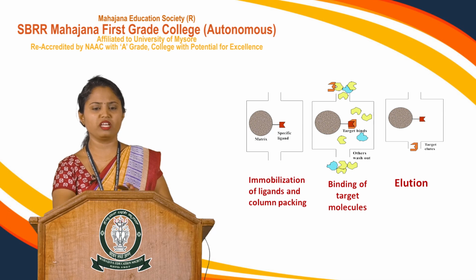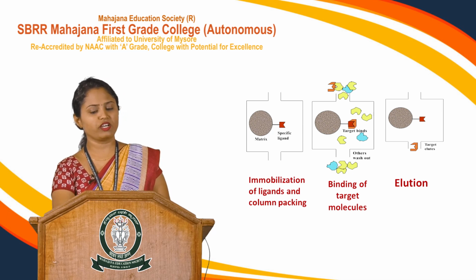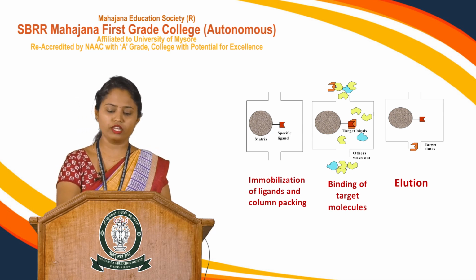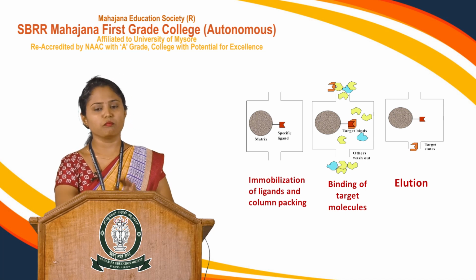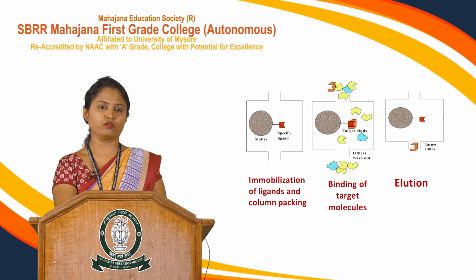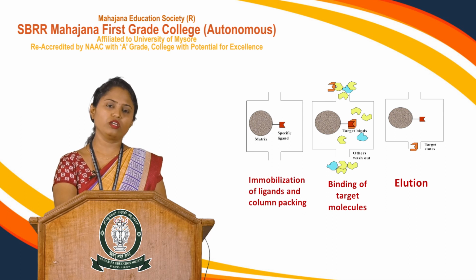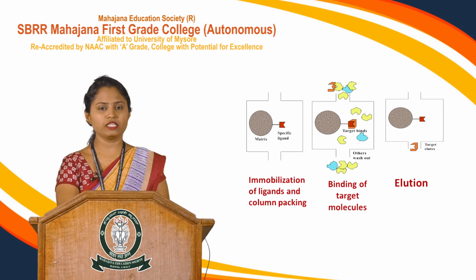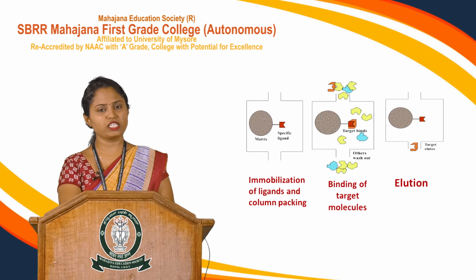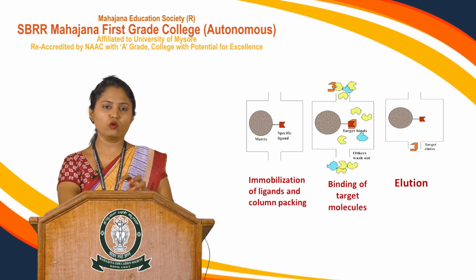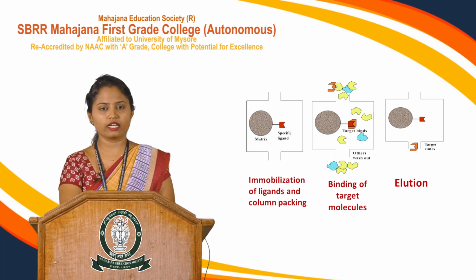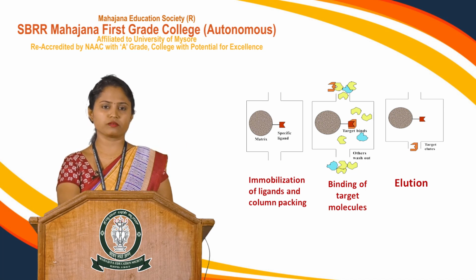It binds and remains in the column. And this second phase of the chromatographic technique, that is affinity chromatography, includes binding of targeted molecules. Even initially during the immobilization of your ligands, as the gel beads are being immobilized with ligands, you also have to allow a certain duration of time, what we call the incubation time, for binding the ligands to the gel matrix.